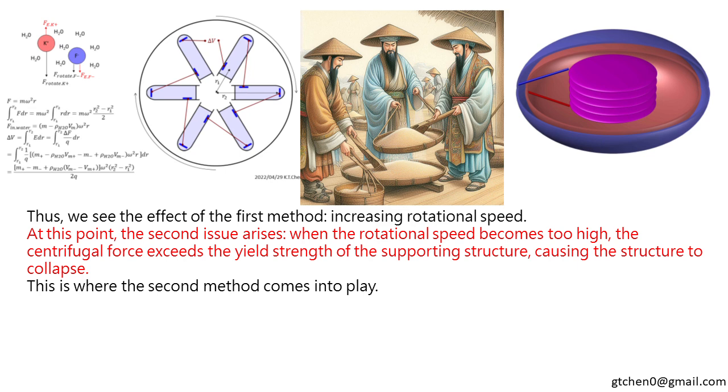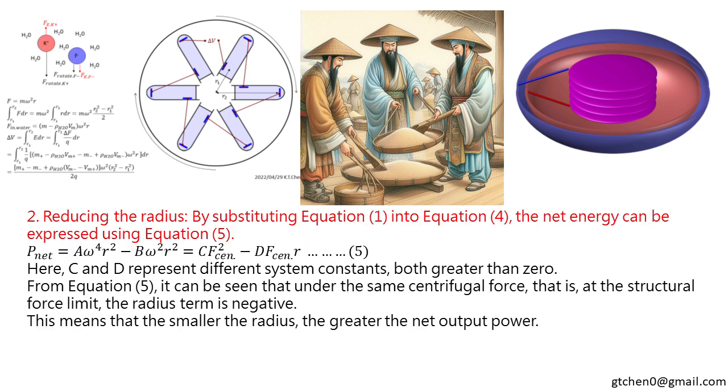At this point, the second issue arises. When the rotational speed becomes too high, the centrifugal force exceeds the yield strength of the supporting structure, causing the structure to collapse. This is where the second method comes into play. 2. Reducing the radius. By substituting equation 1 into equation 4, the net energy can be expressed using equation 5.